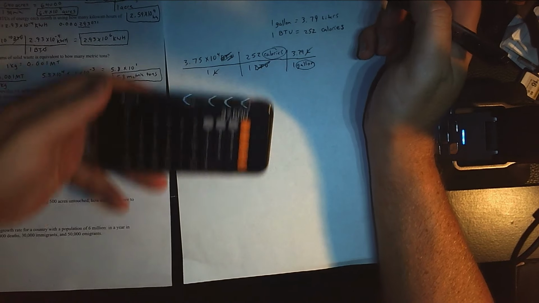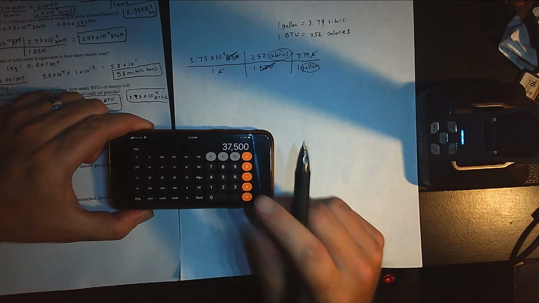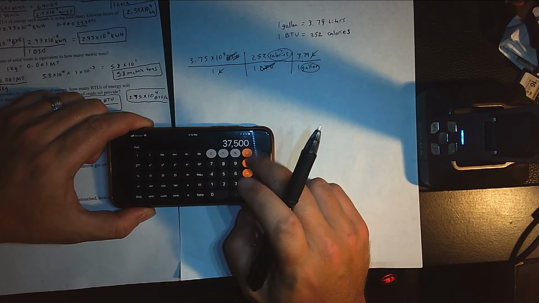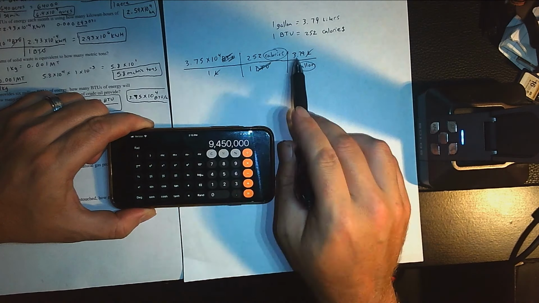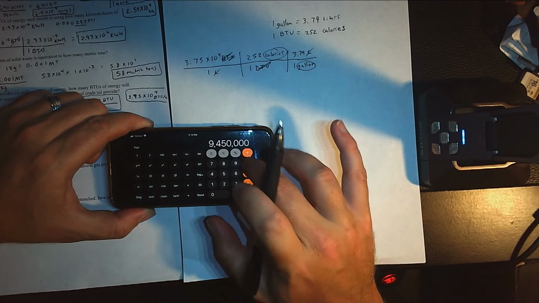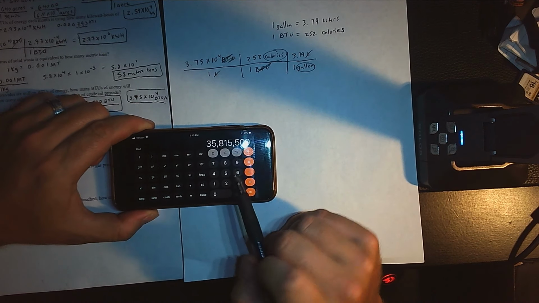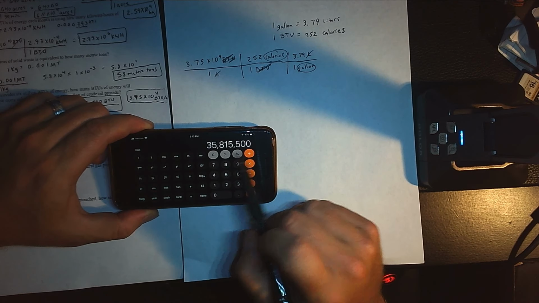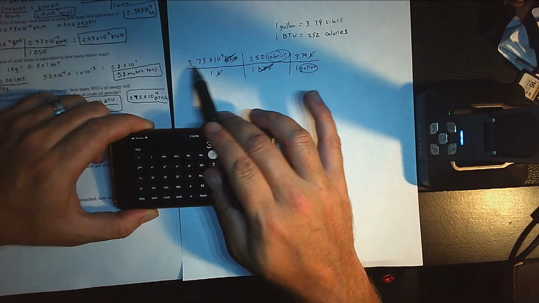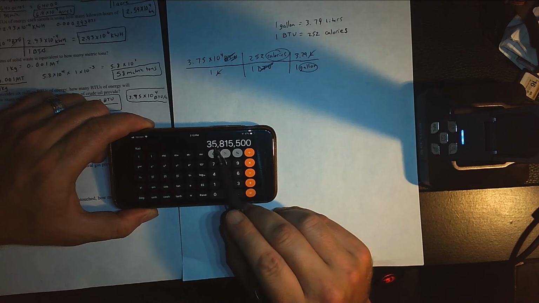There's our answer from before, 37,500, or 3.75 times 10 to the 4th. We're going to multiply that by 252, and we're also going to multiply it by 3.79. And we get 35,815,500. We have 3 significant digits, so we're going to keep the 358.